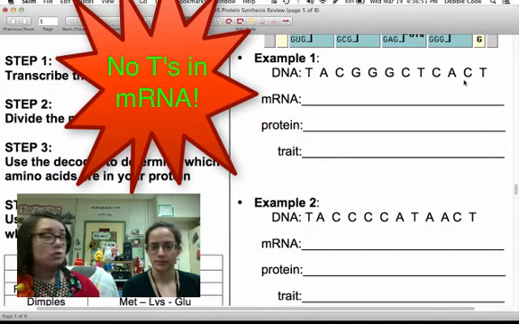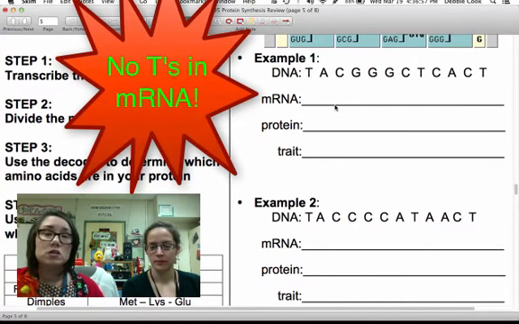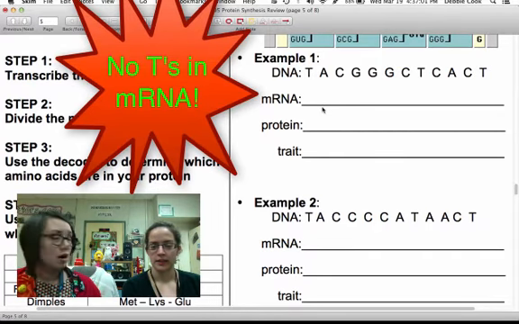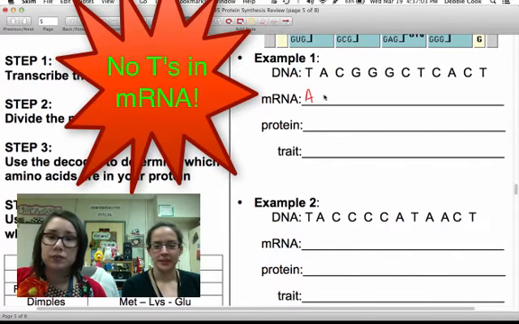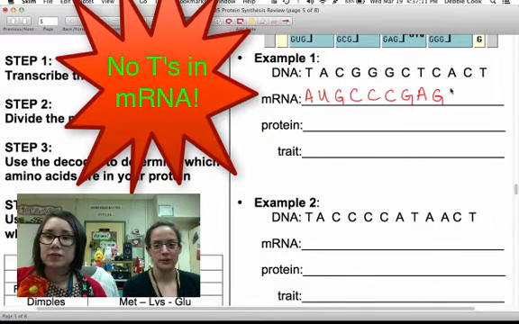So now all we're going to do is transcribe it into our messenger RNA. So using our base pairing rule, Miss Davidson's going to shout out what I'm going to write, and you need to write the same thing down on your paper. All right, let's go. A, U, G, C, C, C, G, A, G, U, G, A.